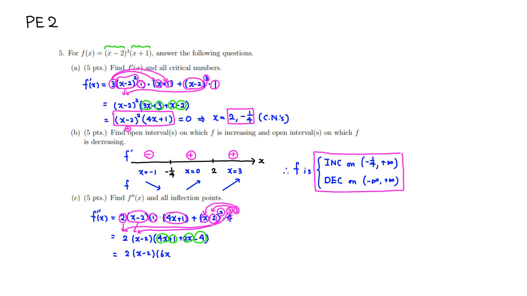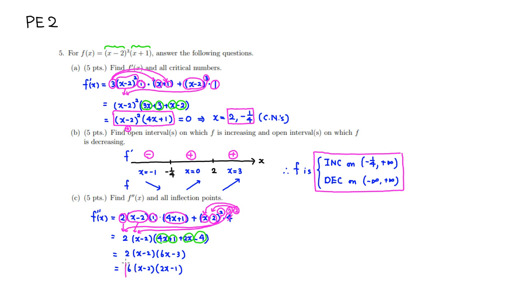Combine that, and we have negative 3. So we can pull out 3. So you're going to have 6x minus 2, and then 2x minus 1. So that's the second derivative.